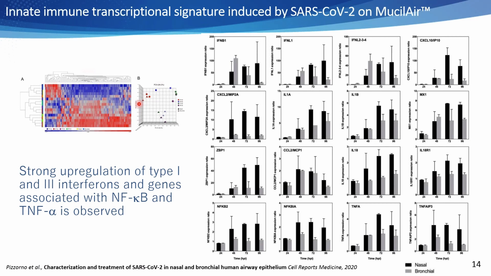So a panel of genes has been studied at different time points, and all in all, this data concludes that a strong upregulation of type 1 and type 3 interferon is observed upon a challenge with SARS-CoV-2, but also genes associated with NF-kappa B and TNF-alpha are upregulated, which also validates these symptoms, which are found in clinics, in humans with early signs of the cytokine storm.